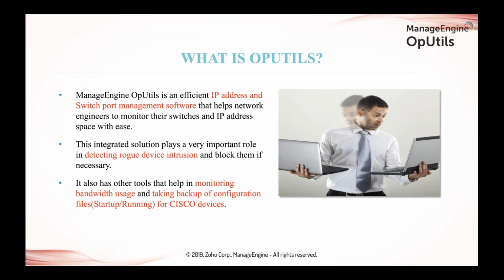It also has utility tools which allow you to monitor bandwidth usage and take configuration backups for Cisco devices. OpUtils mainly comprises two major modules, IPAM and SPM. IPAM is mainly used for monitoring IP addresses, and SPM is meant for monitoring the switch port mapper. One of the interesting features is rogue detection, which we'll be discussing in later slides today.